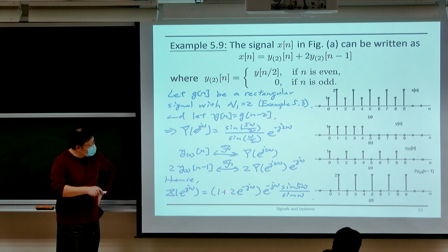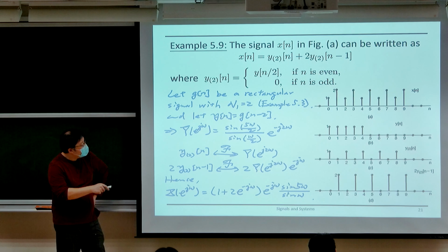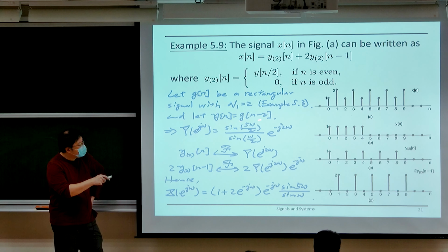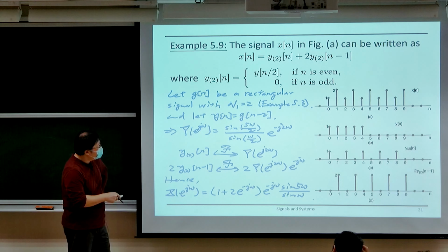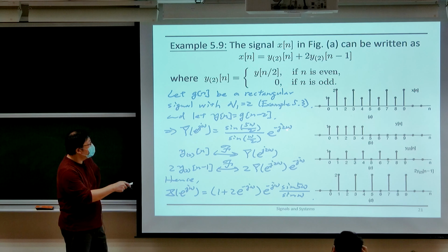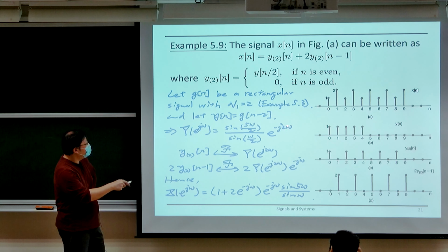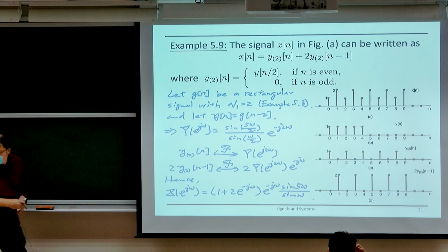I get 1 plus 2 times e to the minus j omega, times Y at 2 omega. Y is this. If you substitute omega with 2 omega, the 2 cancels out here, and I should actually have 4 omega here.